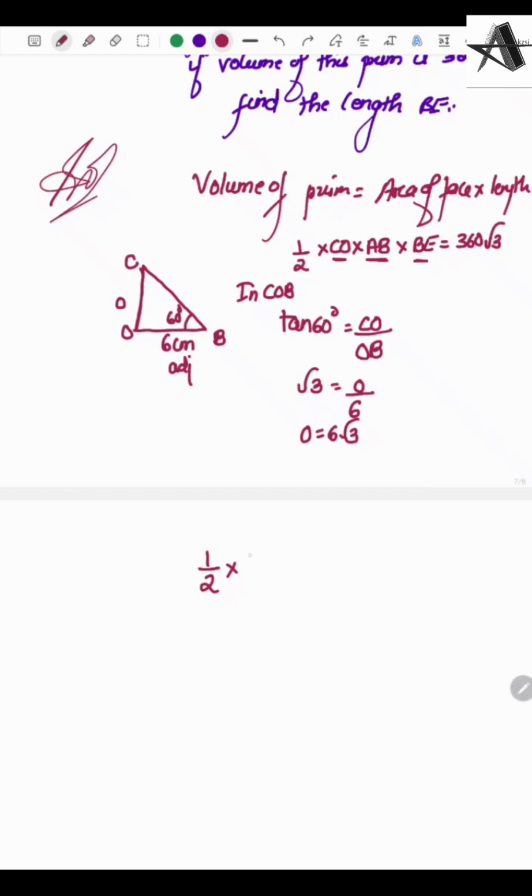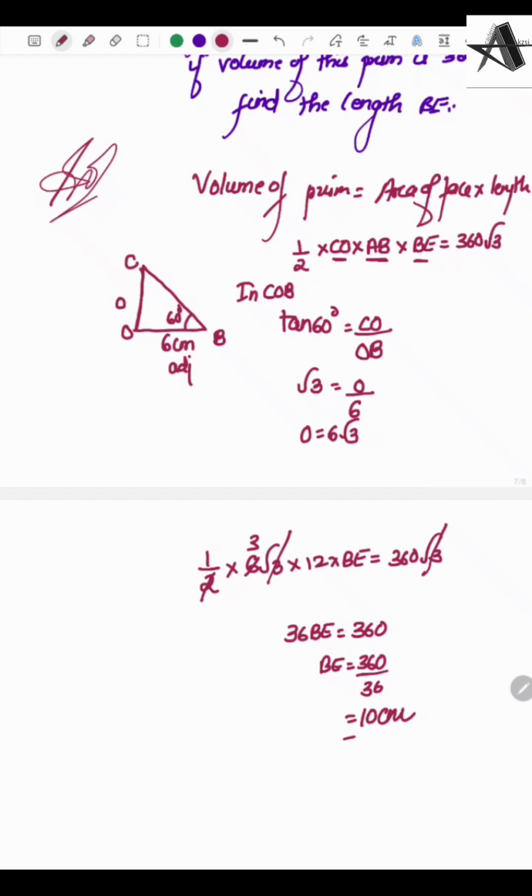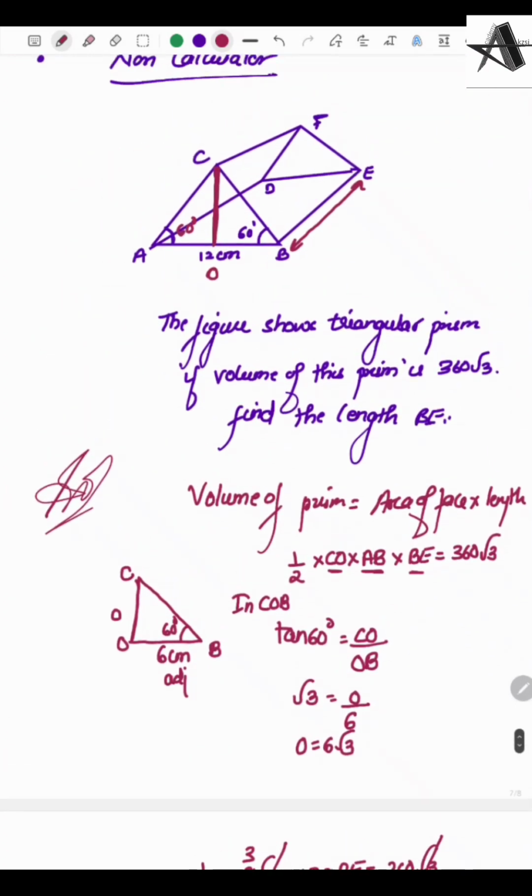So half times CO, which we calculated as 6 root 3, times AB, which is 12, times BE, which we have to calculate, is 360 root 3. From here I can cancel out root 3 and root 3. 2 times this is 3. So 36 BE is equal to 360. BE is 360 over 36. Finally we got the answer as 10 centimeters. That means BE is 10 centimeters.